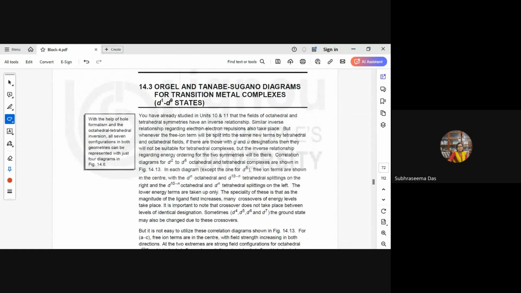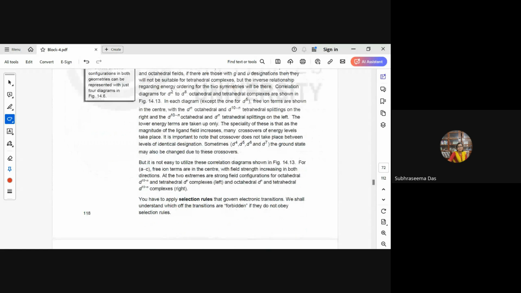These diagrams have been quite helpful in determining the electronic spectra, particularly for octahedral and tetrahedral complexes. Before understanding these diagrams, we need to understand the selection rules that govern the electronic transitions that occur between the metals and the ligands.